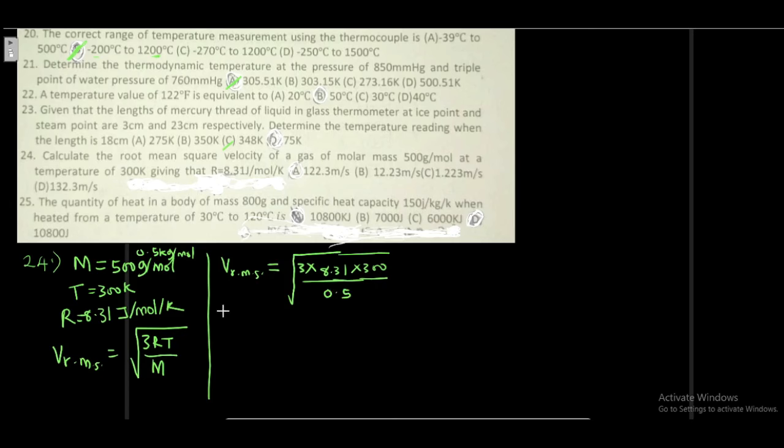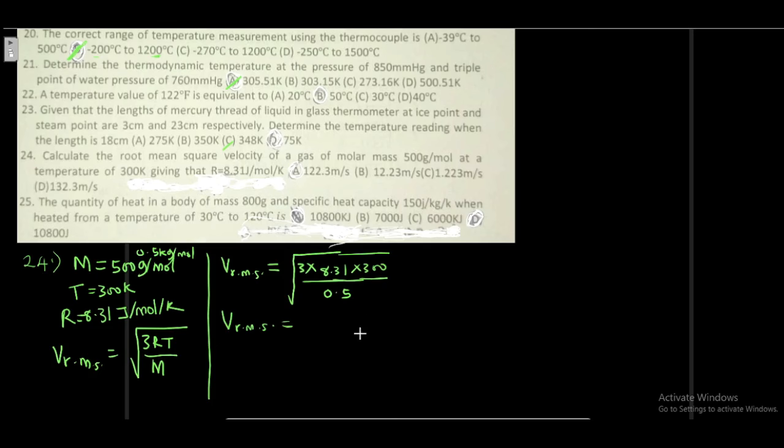Now if we use our calculator to simplify this, the root mean square velocity is equal to the square root of 3 times 8.31 multiplied by 300 divided by 0.5.